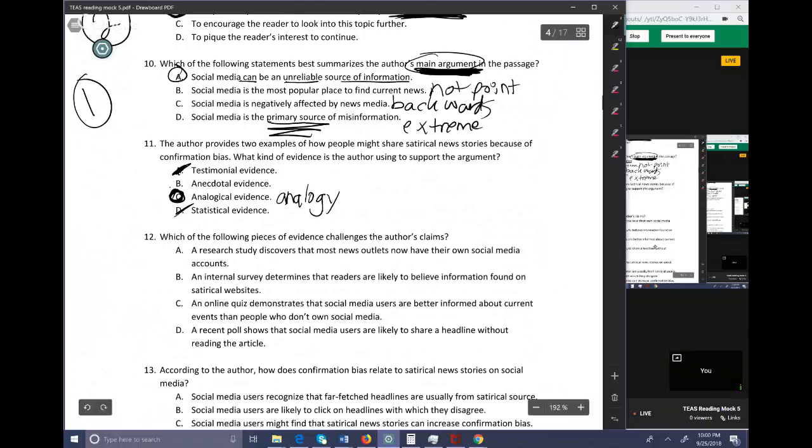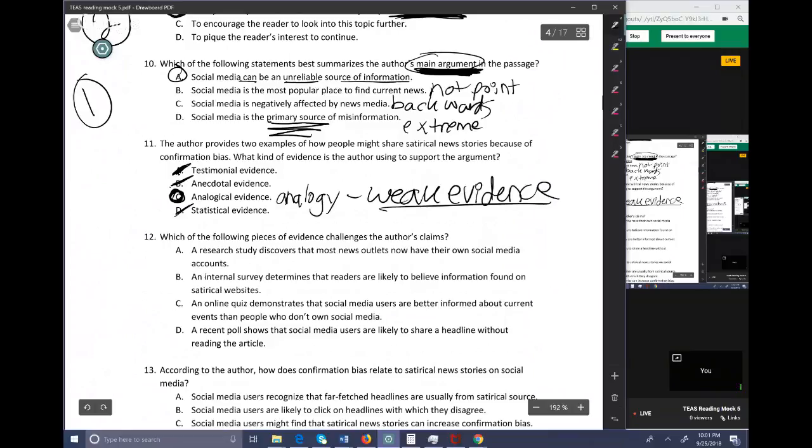And so there's kind of a fallback that happens in this. Analogical evidence is considered weak evidence. So anytime that there's really poor evidence in something, it is considered analogical evidence.